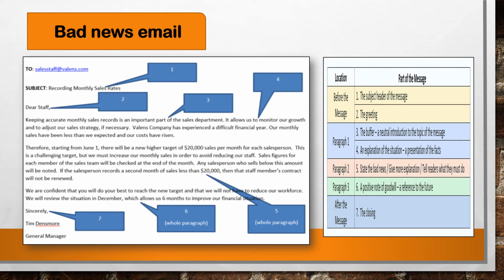Here's a good example of a bad news email. Try to read it and identify the different parts of the email message. Can you find the buffer?